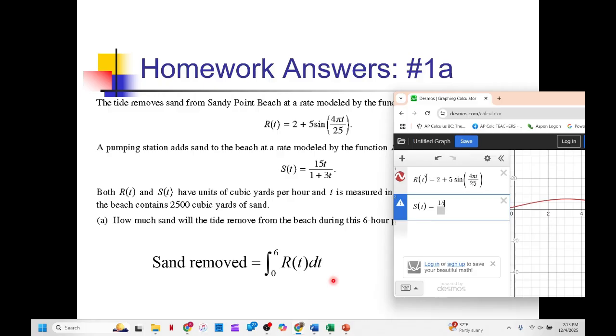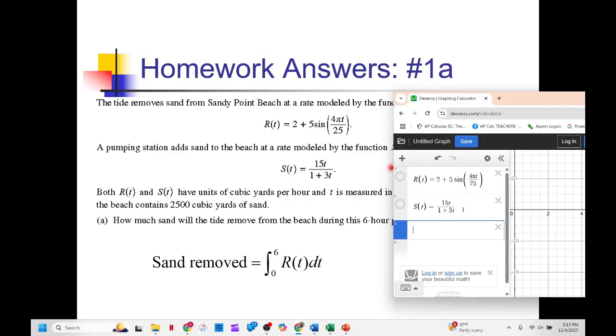Not on this problem though. So 15t over 1 plus 3t. I don't necessarily need to graph either of those, so I'll deselect them, but I am going to use the R function. So I need the integral from 0 to 6 of R of t dt.